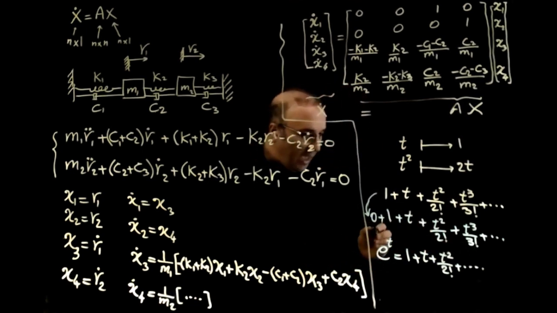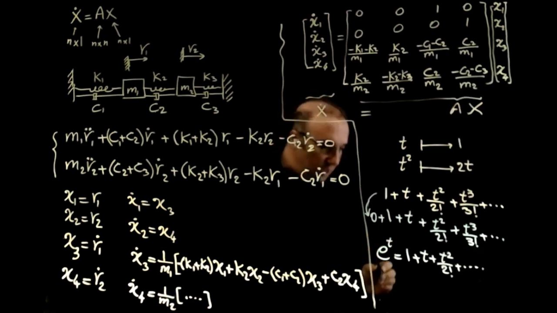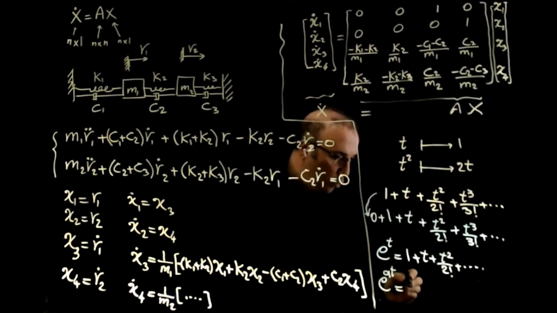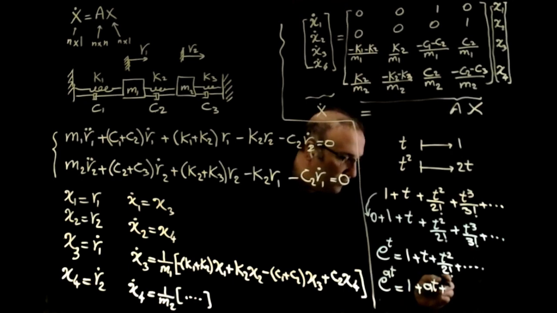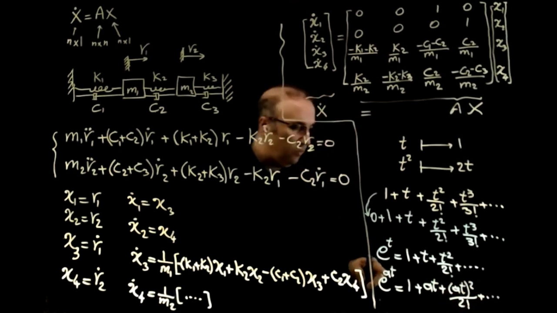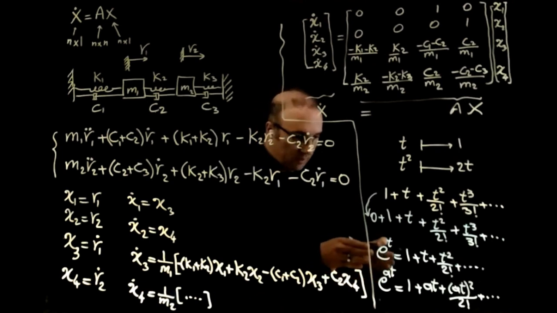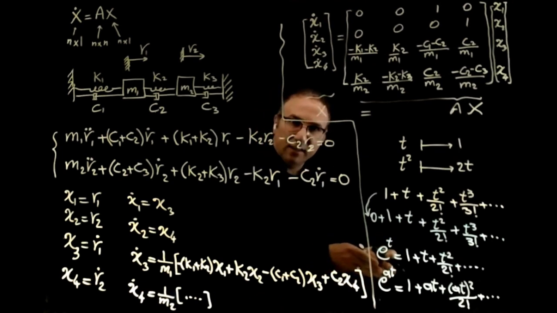So now if I have e to the power of at, then this would be 1 again plus at plus at to the power of 2 over 2 factorial, and plus all the other terms. When I do the derivative of this one, I would have one a coming out and down. We can use the chain rule for that as well. I mean, the derivative of the function would be the derivative of e to the power of at times the derivative of at itself, which is a. But we can see that from this series as well.